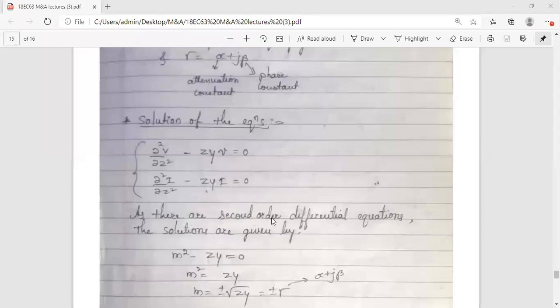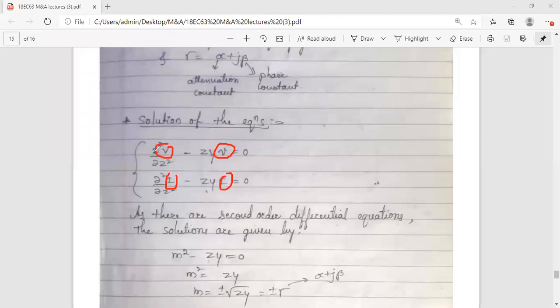Then, as it is a second order equation, obviously I will get 2 roots. To find the roots, I will take the auxiliary equation. The auxiliary equation is the same for both, because the second term is common and only the parameter V and I is changing. Here it is the V term, here it is the I term.